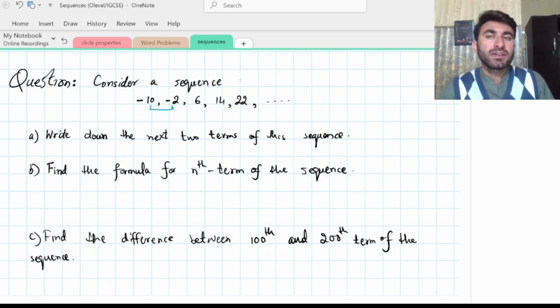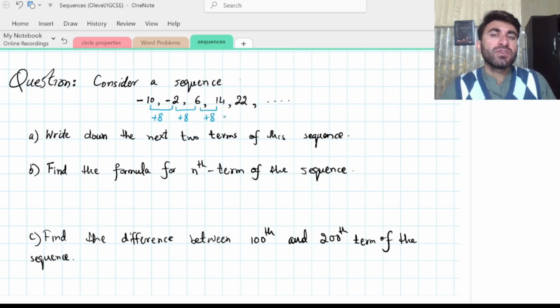So first of all, take the difference of consecutive terms. As we see, minus 10, if we add 8 to it, becomes minus 2, and then we add the same 8 to minus 2 to get 6. So we can observe that we add 8 to get the next term.